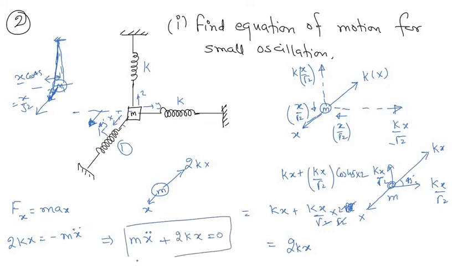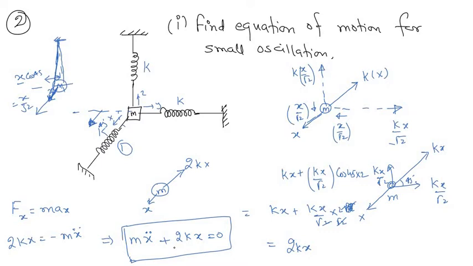So that is basically the equation of motion for this three spring system, where there were three springs and one mass in between, and one of them was displaced by the distance x, and the other two were displaced as well. We neglected the slight change in left or right position, so we just took the downward shifts. So that was x by under root 2, and we calculated it.